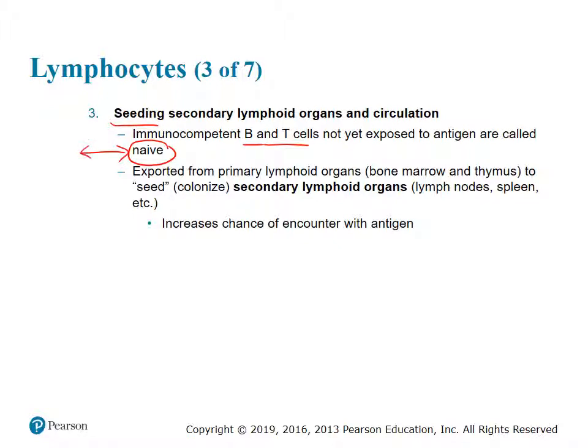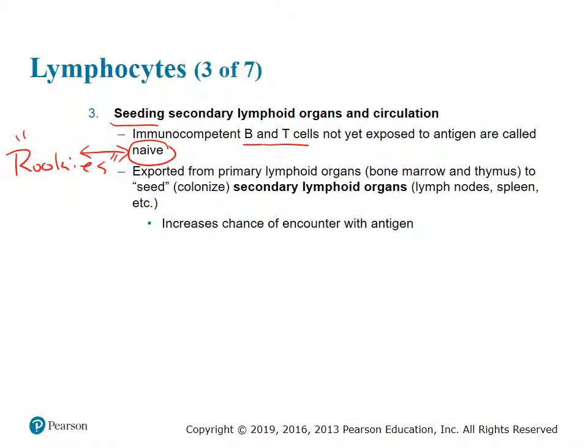Okay? To make it simple, these would be our little rookies, right? All that means is these B and T cells haven't run into a threat in real life yet. Those are what we call naive B and T lymphocytes.